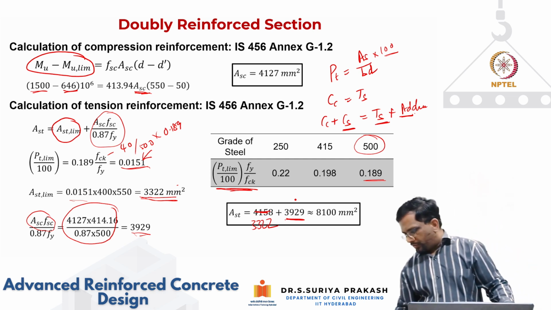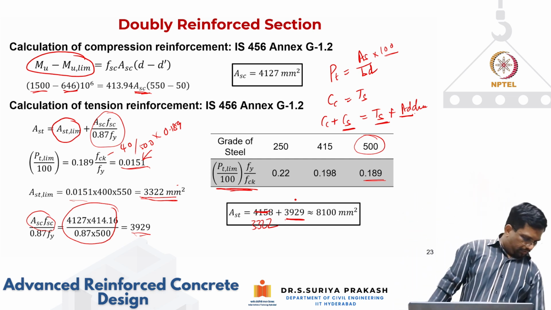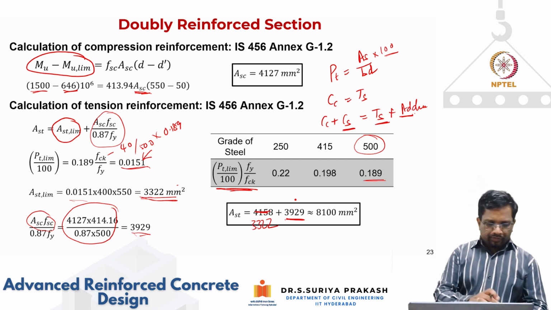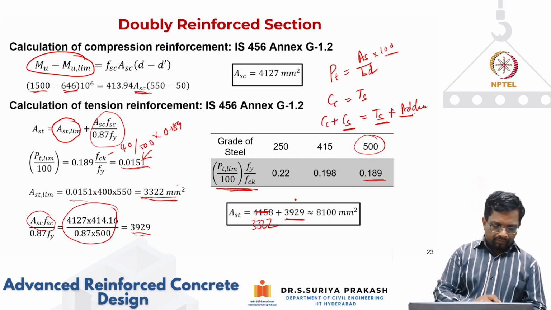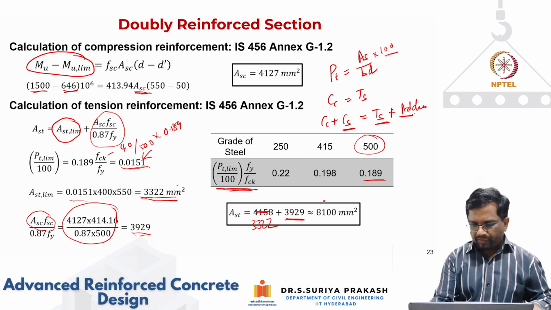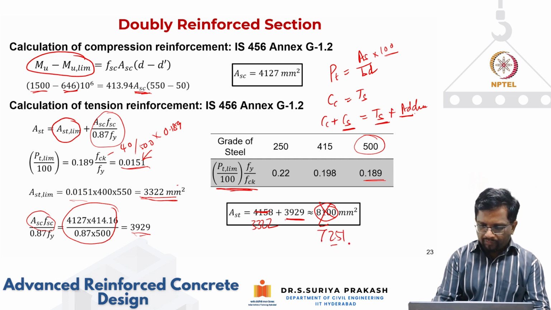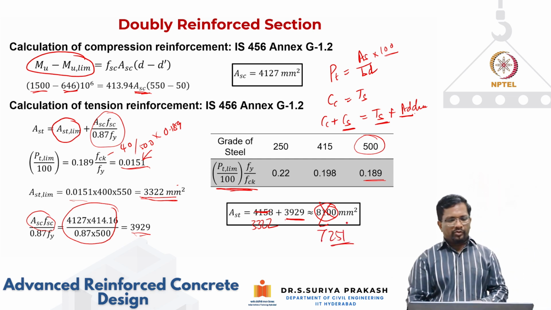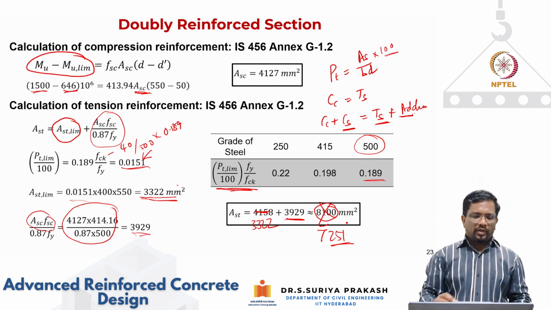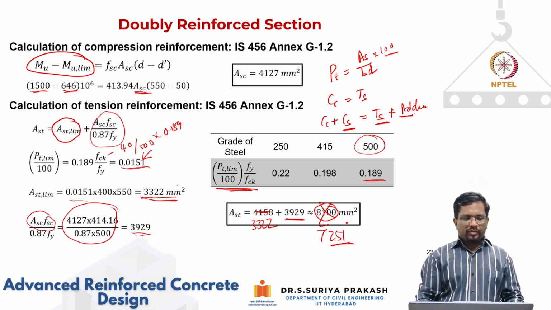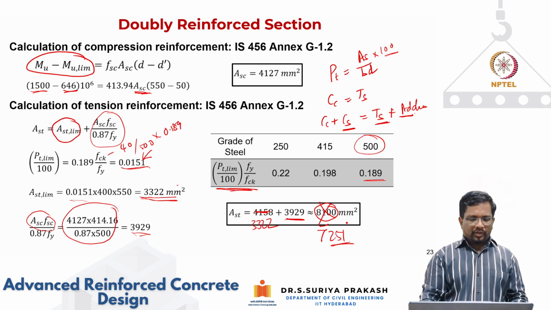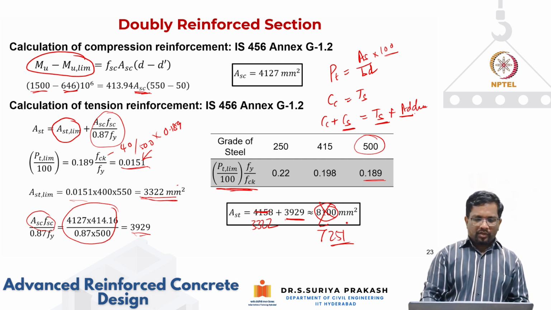That is not 7,000, that is not correct. It will be 7,251 mm square. So that is the total amount of steel that we need for achieving the moment demand of 1,500 kilonewton meter. So this is the total demand.